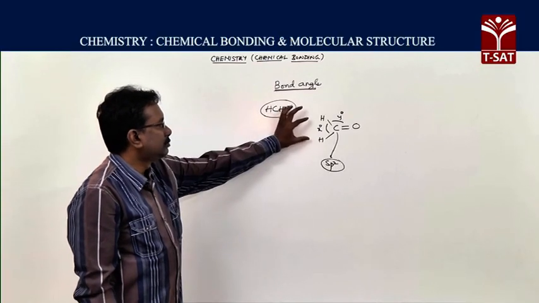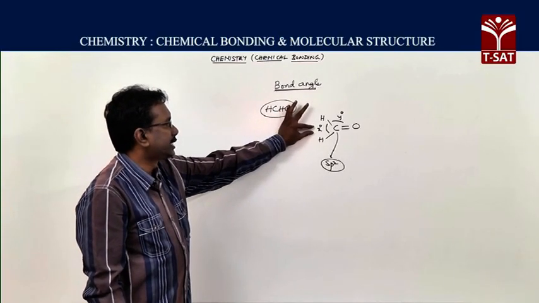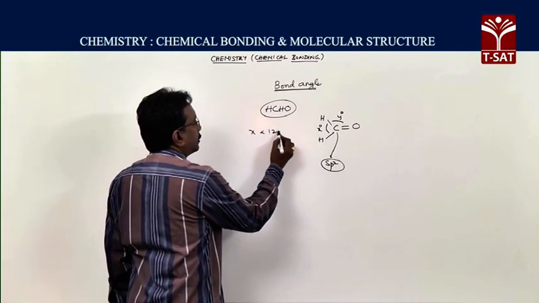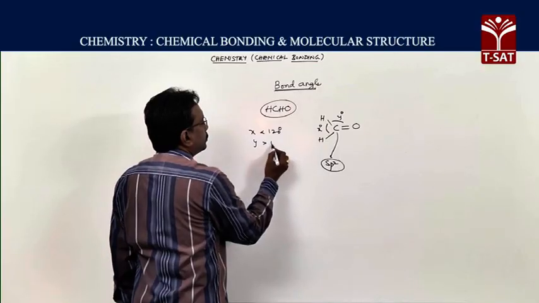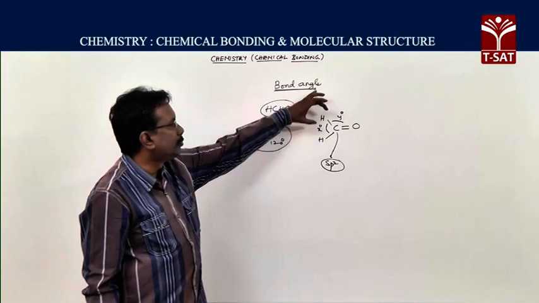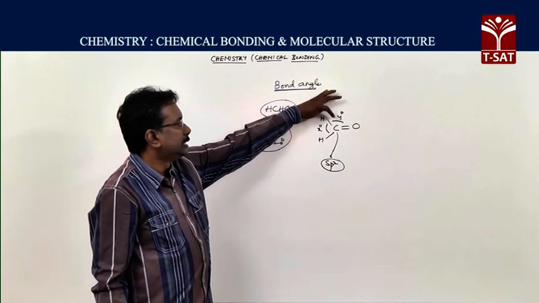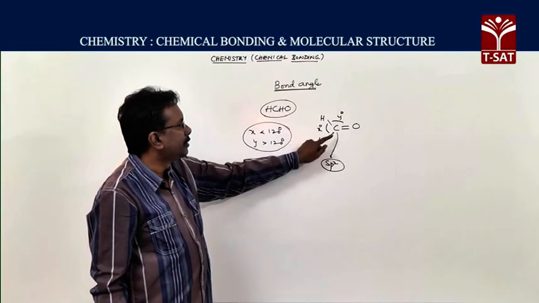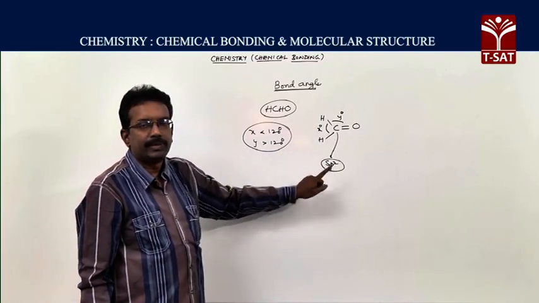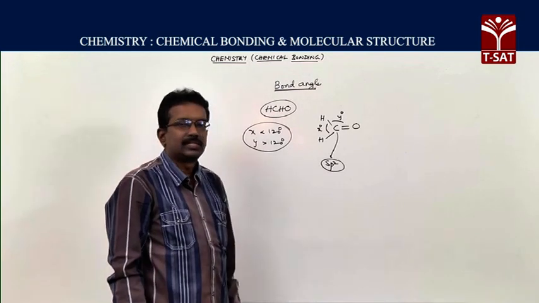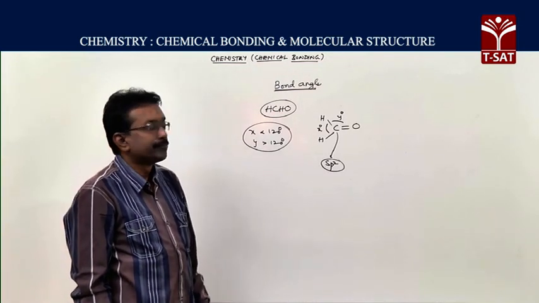If you observe the experimental values, this X value is less than 120 degrees and the Y value is more than 120 degrees. That means these two bond angles are not equal, even though the central atom is sp2 hybridized carbon. Why is this abnormality observed in the case of the formaldehyde molecule?